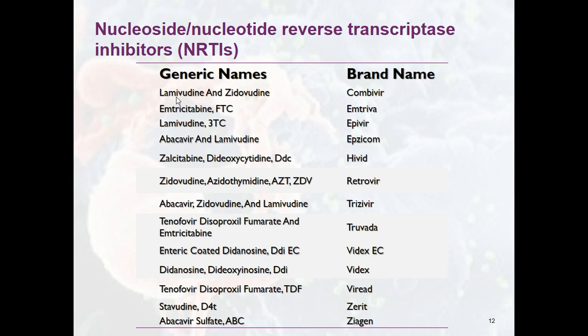Those are some that I've actually seen in advertising and seen in use and practice. Another one is zidovudine, or AZT. That was one of the first drugs that they actually used to combat HIV when they started working to find a cure or working to prevent the virus from replicating.